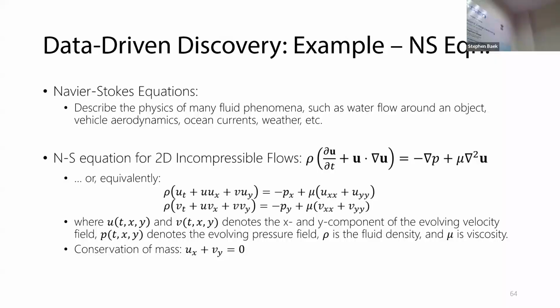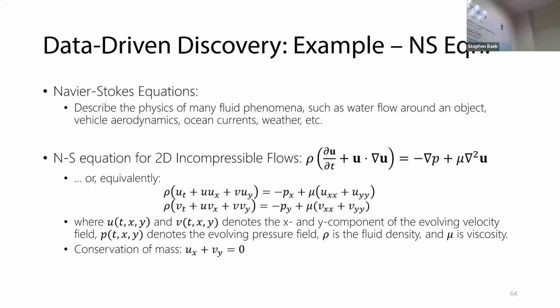It's really nothing more than the combination of the first derivatives and second derivatives of u and v. So u and v here are the velocity of the fluid in the x component and the y component. And then the x velocity and y velocity follow this relationship where the rate of change in the x velocity, that's the u sub t, right?